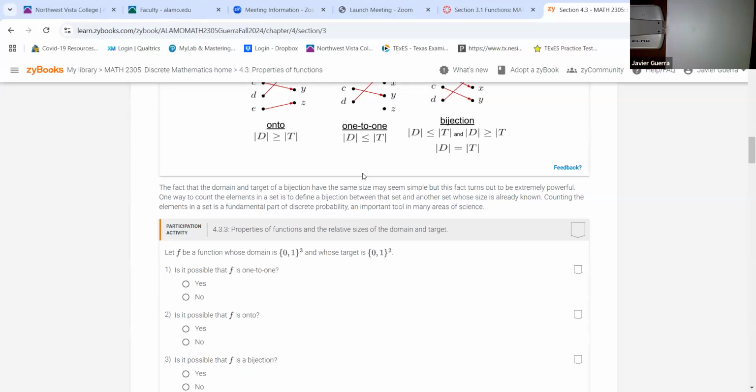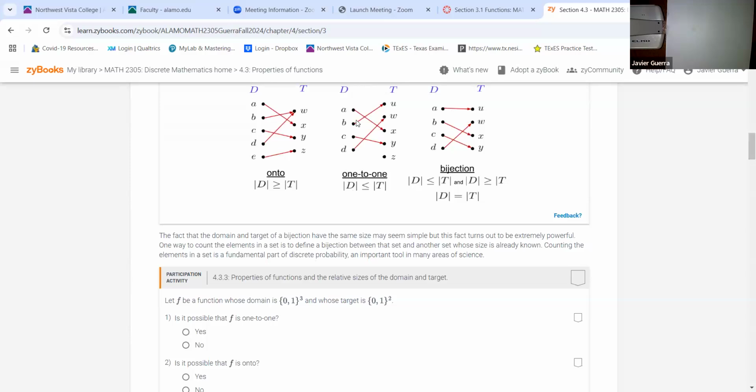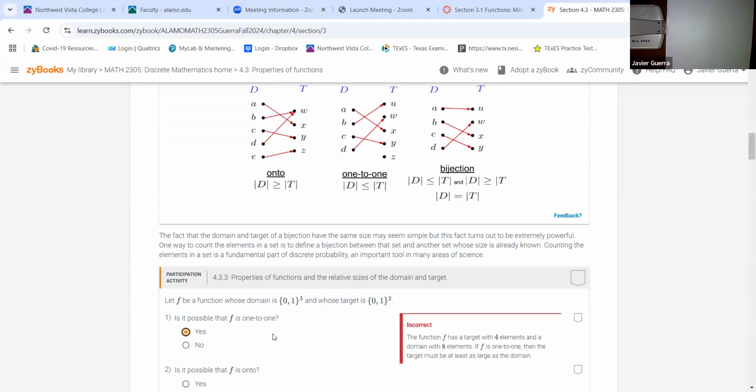Let's see. The number of elements in D has to be smaller than the number of elements in T. I think it's yes. No, it's wrong. The function has a target with 4 elements and a domain with 8 elements. If F is 1-to-1, then the target must be at least as large as the domain. So it was a no.